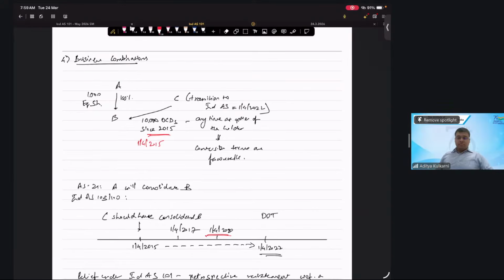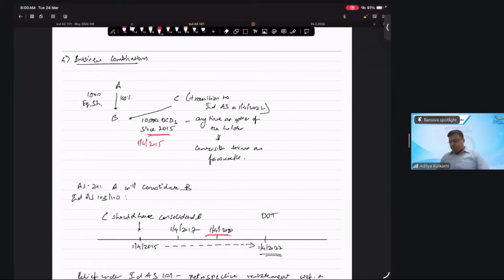Answer is no. There is no contingent consideration. You would always have normal consideration. These were the kind of differences that exist. It is a very vast change that is brought about under Ind AS.